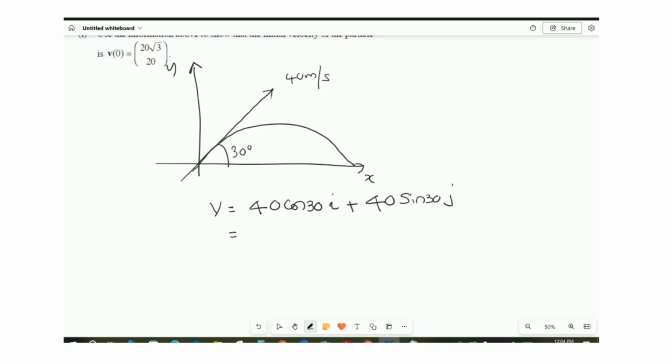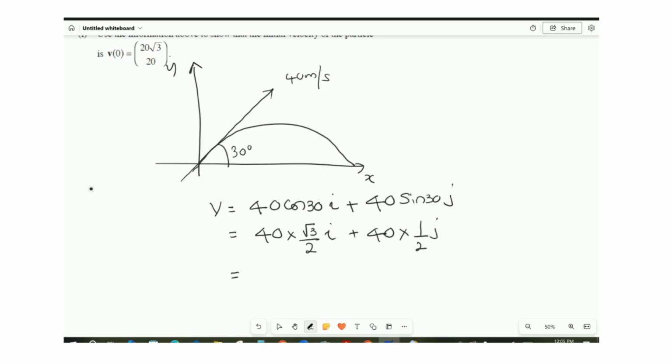Therefore, if I simplify that, 40 times cos 30 is square root of 3 divided by 2 i, plus 40 times sin 30, which is half, j.